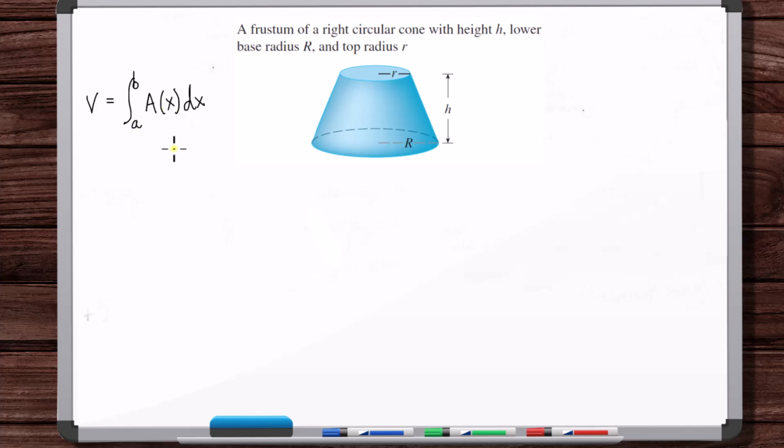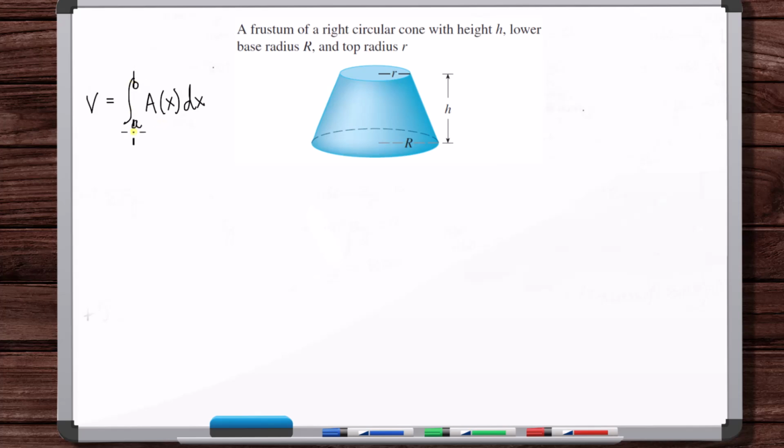And the idea is that this A(x) is a formula for, if you imagine you lay the solid along the independent variable axis, the way it's oriented doesn't matter, and the back end of the solid is at x equals a, and the front end at x equals b.